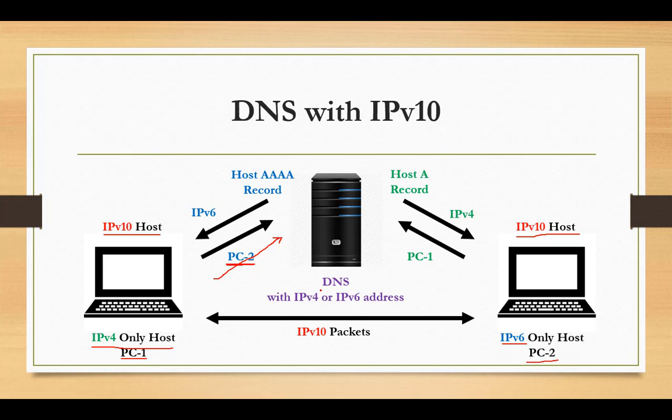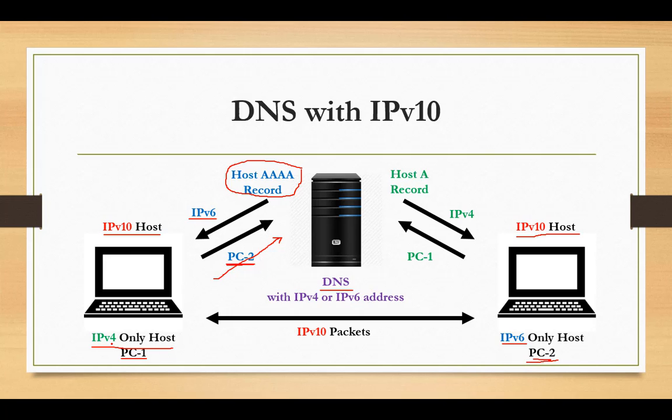The DNS will examine its database and find an entry for PC2, which is a host AAAA record, four A's record, and then reply to the query with the IPv6 address of PC2.